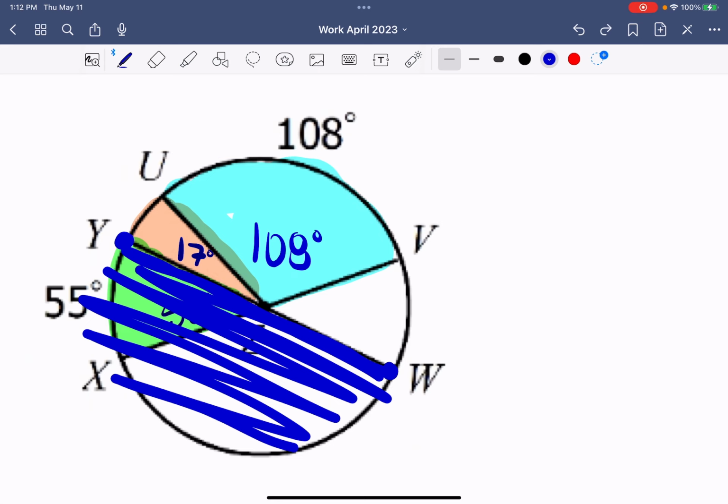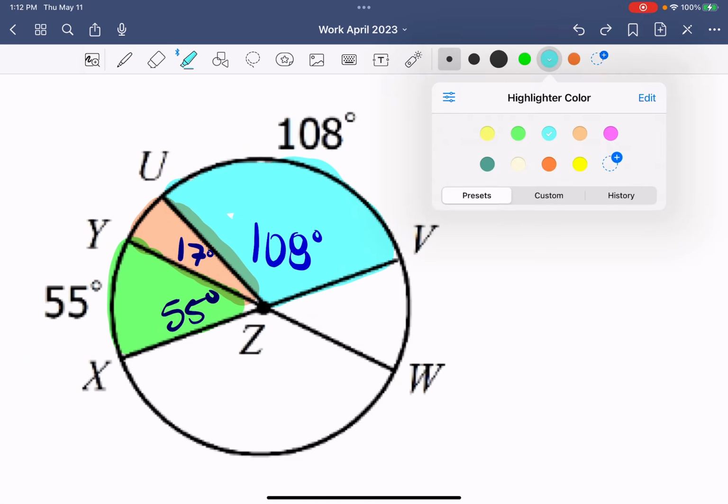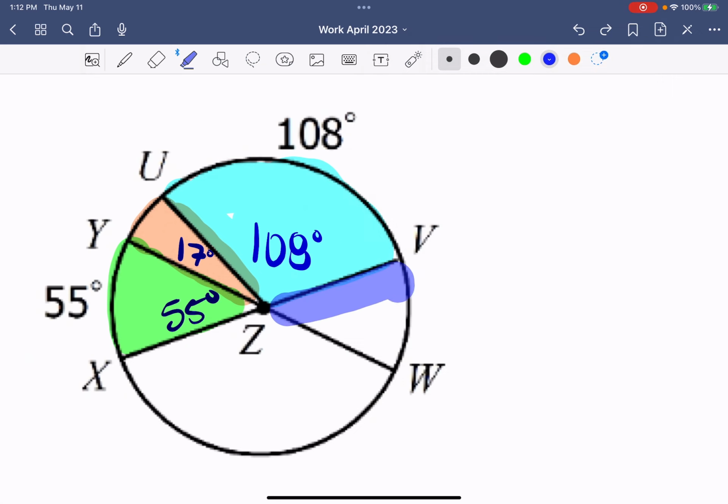So you subtract 17 and 108 from 180. 180 minus 108 minus 17, and we get 55. So this one would be 55.